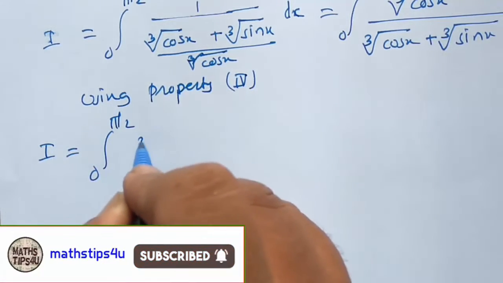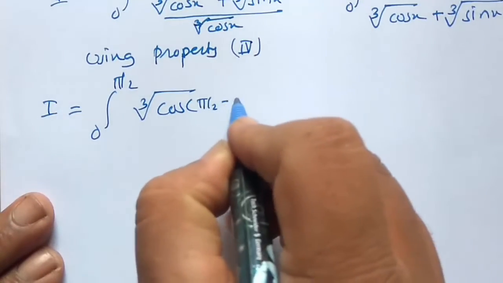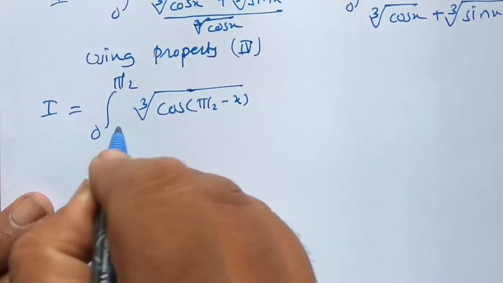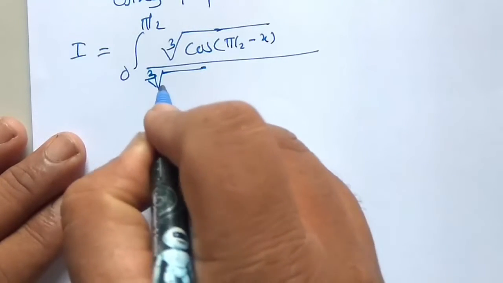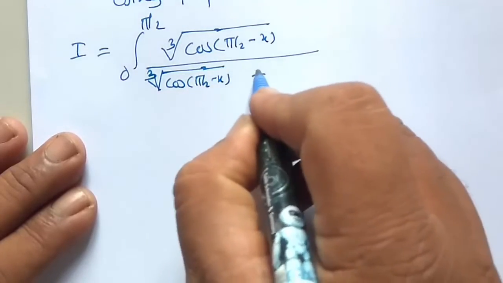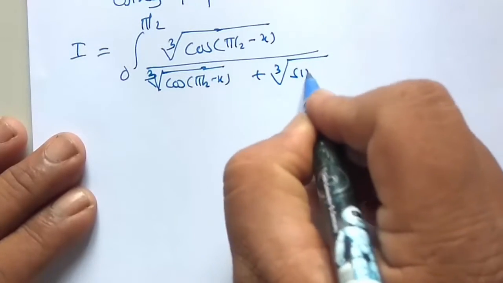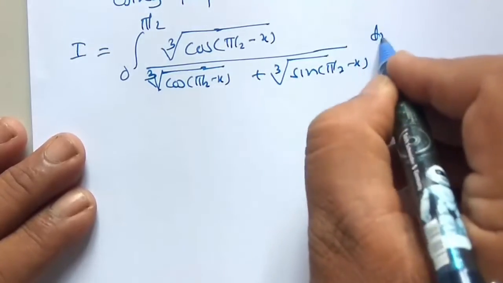the integral from 0 to pi by 2 of cube root of cos of pi by 2 minus x upon cube root of cos of pi by 2 minus x plus cube root of sin of pi by 2 minus x dx.